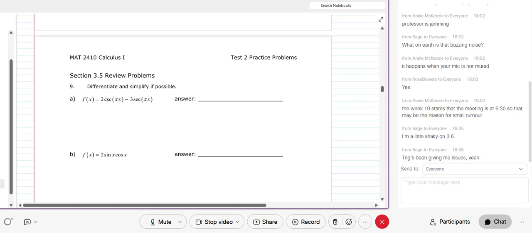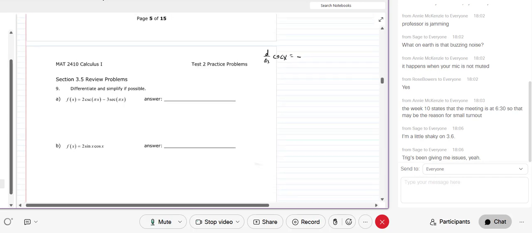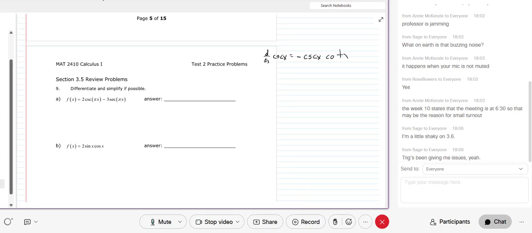Just writing over here a little bit, in this first problem, the derivative of the cosecant: first of all, it begins with C, it means it's negative. So the derivative of cosecant is negative cosecant cotangent x. And then we also have the secant.